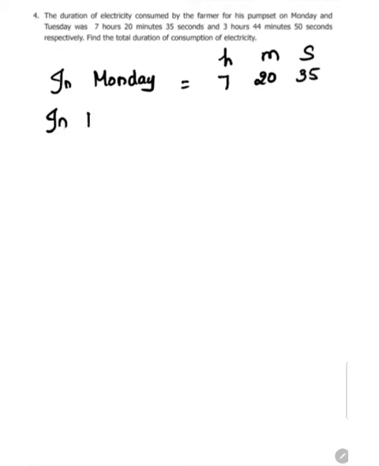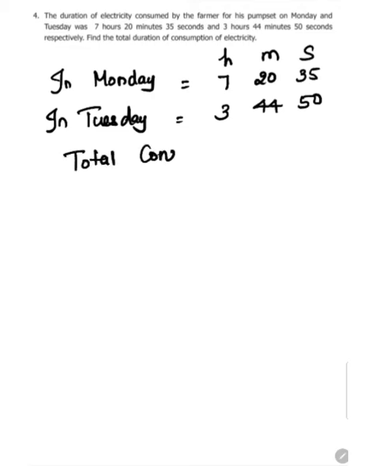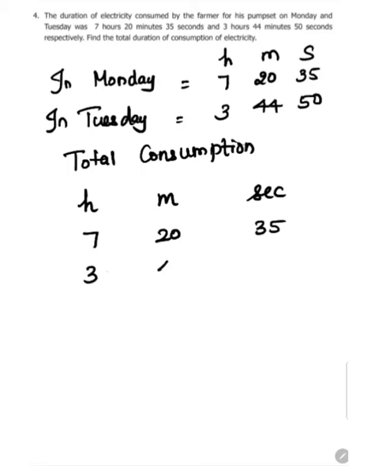On Tuesday, 3 hours 44 minutes 50 seconds. We have to find out the total consumption. So we have to add. Hours, minutes, seconds: 7, 20, 35 and 3, 44, 50.